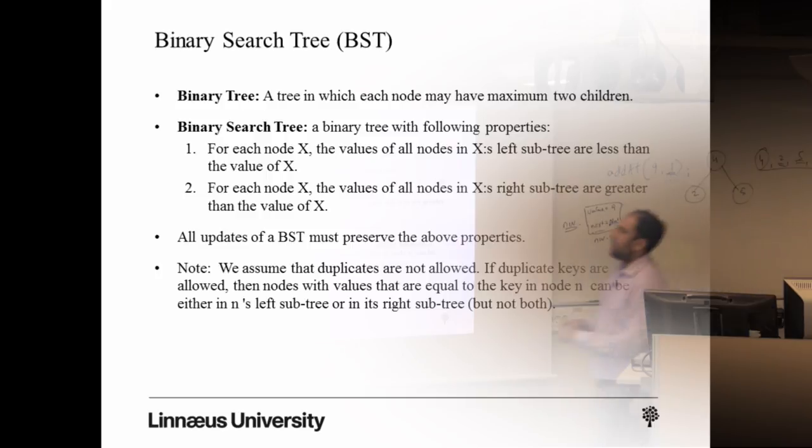So it says that for each node x, the values of all the nodes in x's left subtree are less than the value of x, and those values which are greater than the node will go to the right side. And in this case, we start with 1, we compare it with 4. 1 is less than 4, it means this should go to the left side.